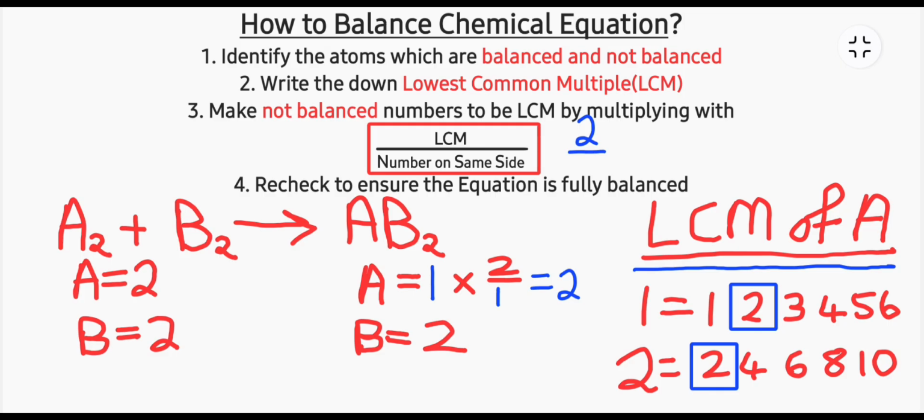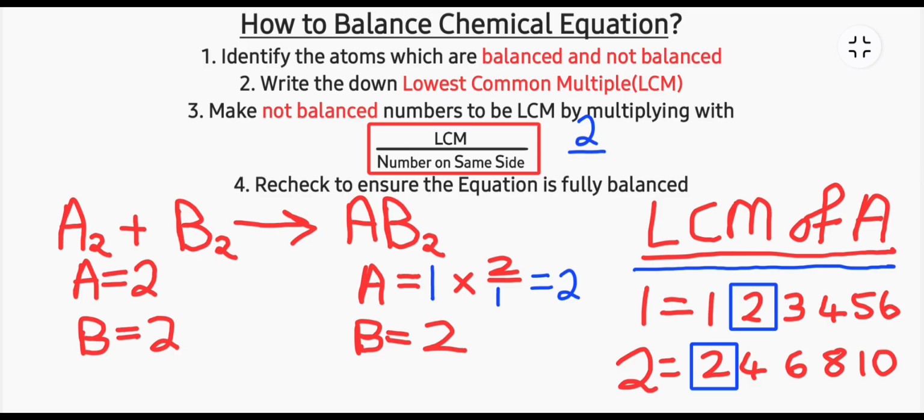Now that it's an LCM, I will take this and place it in front of AB2. Notice we place it in front of AB2, not in between or at the side. This thing is a system like this.